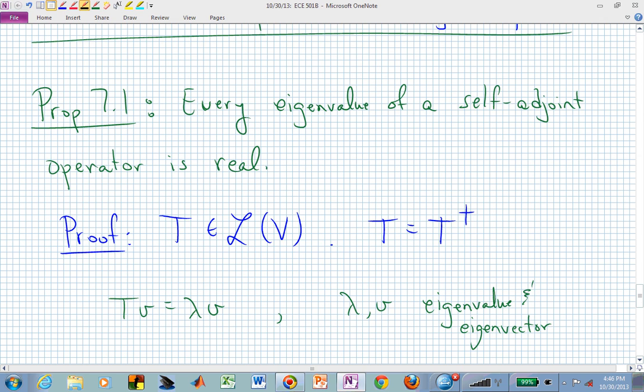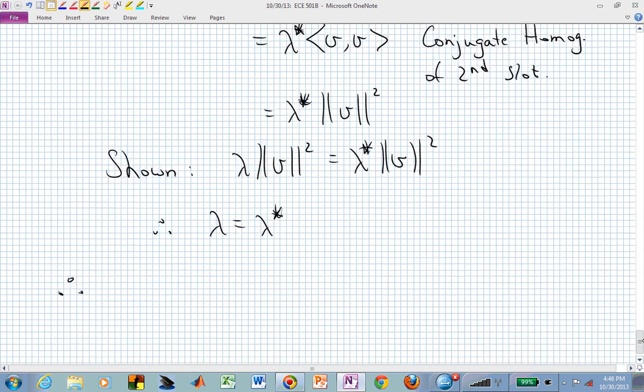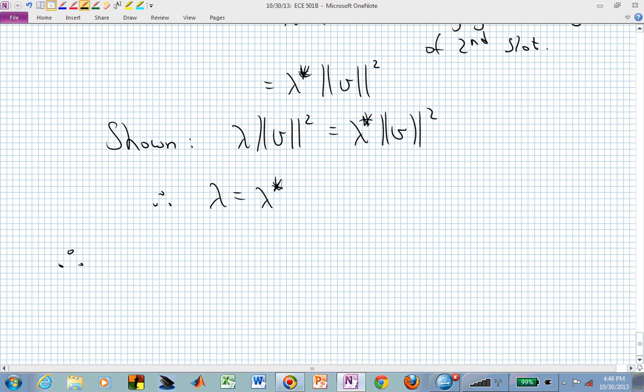This theorem is just saying, given that your operator is self-adjoint, every eigenvalue is real. Then you can apply proposition 7.1 if you know your operator is self-adjoint. So we were assuming that to be the case. And did I write down the conclusion? Therefore, all eigenvalues are real.